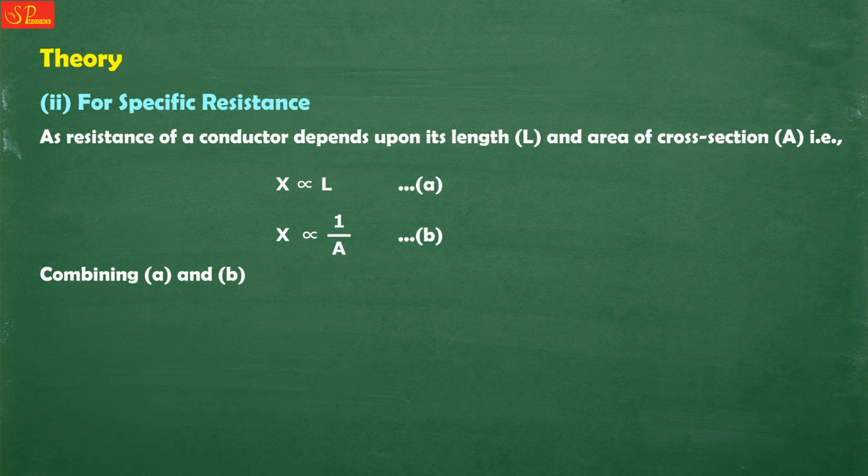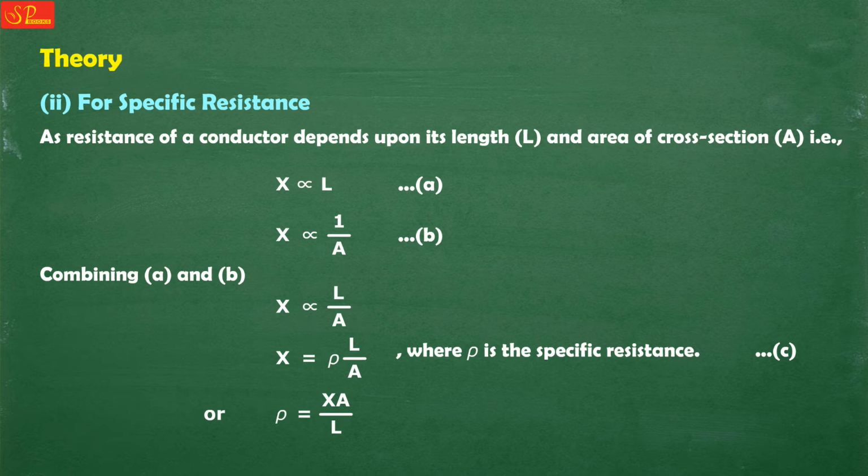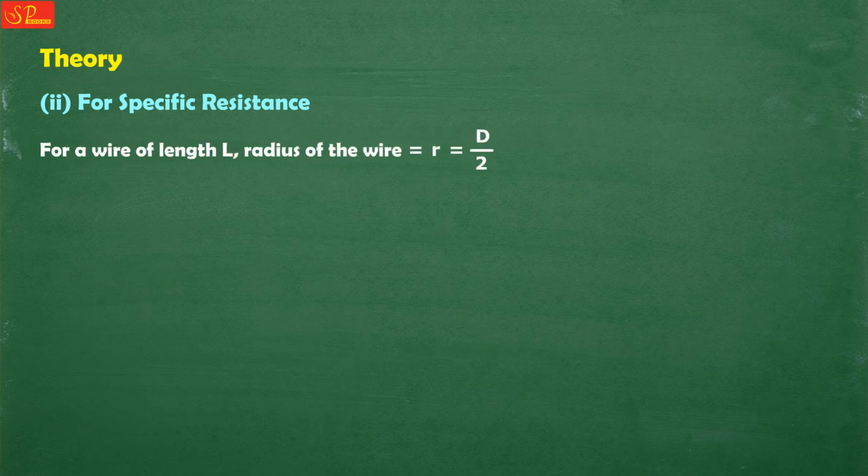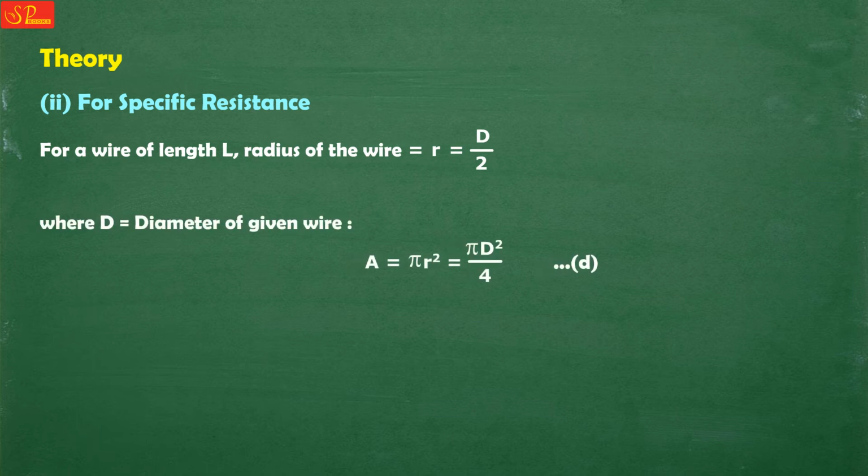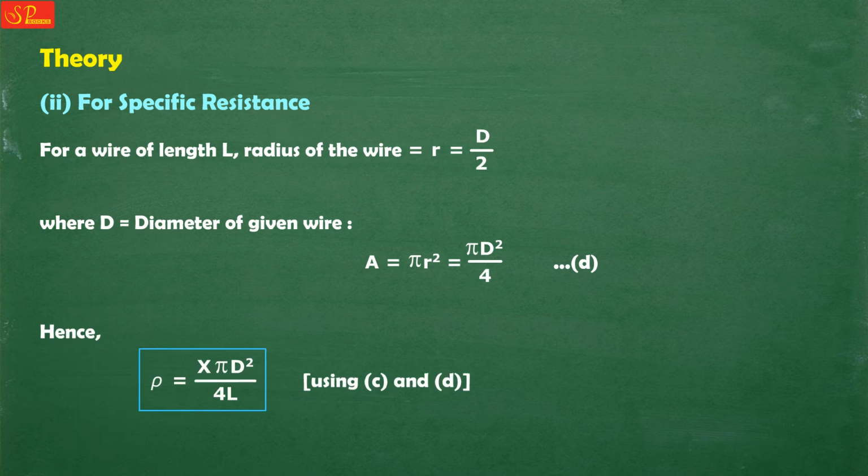Combining A and B, X is proportional to L by A, X equals rho L by A, where rho is the specific resistance (C), or rho equals XA by L. For a wire of length L, radius R equals D by 2, where D is the diameter of the given wire, A equals pi R square equals pi D square by 4 (D). Hence, rho equals X pi D square by 4L using C and D.